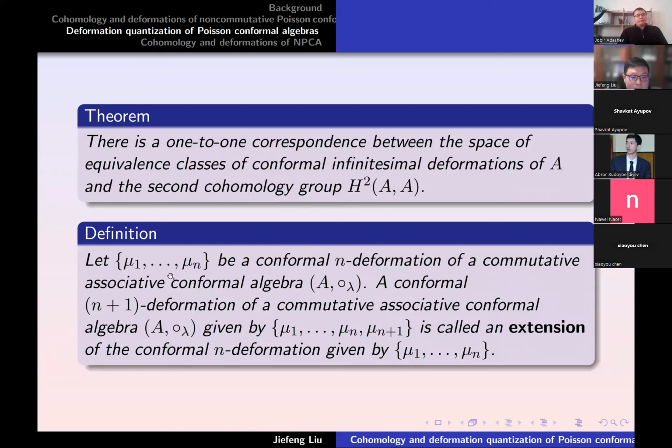Let mu_1, ..., mu_n be a conformal N deformation of our commutative associative conformal algebra. Our conformal N plus 1 deformation of A given by this is called an extension of the conformal N deformation given by this.